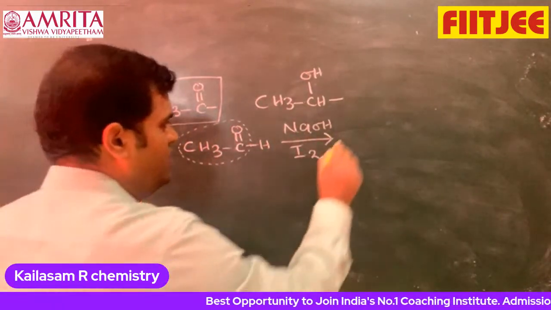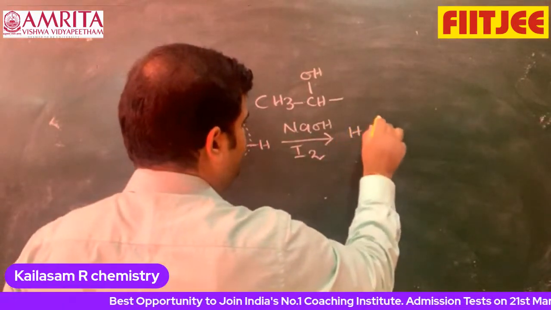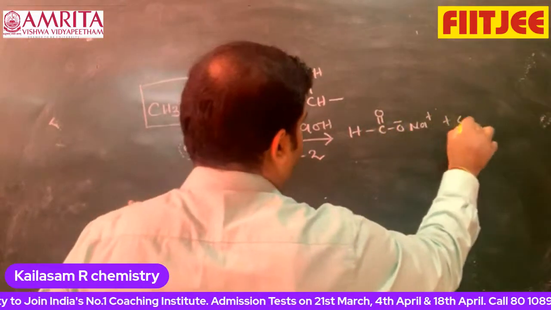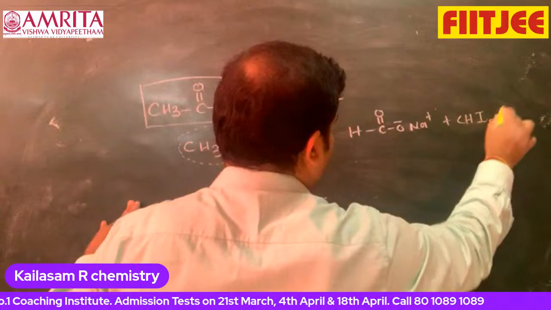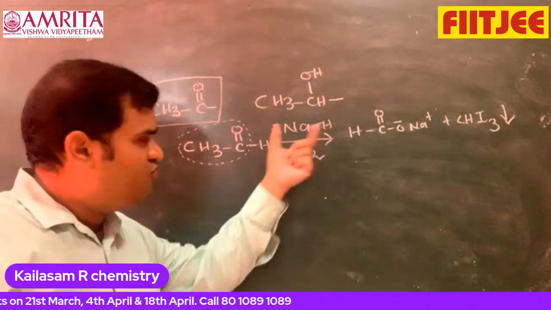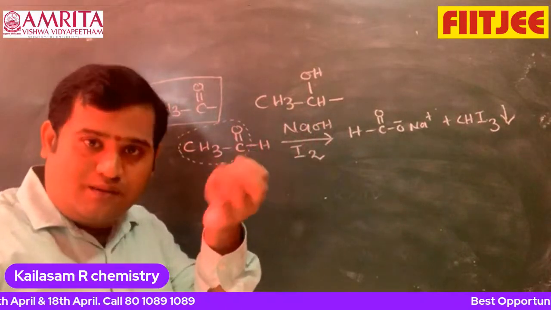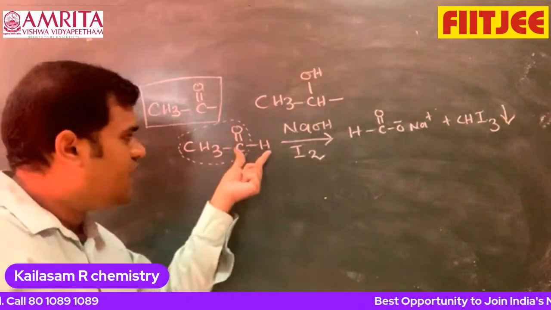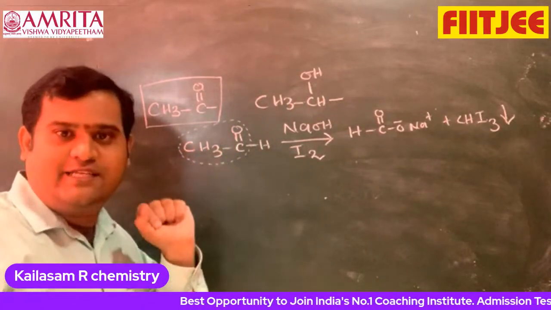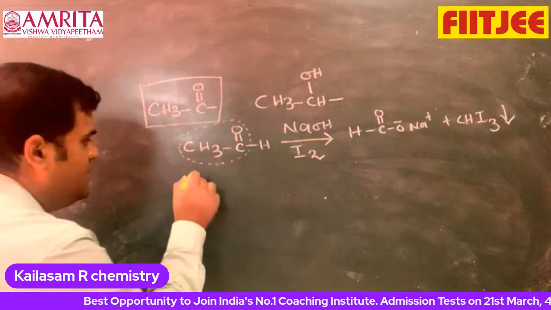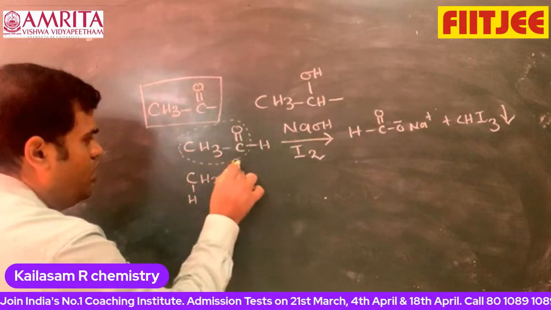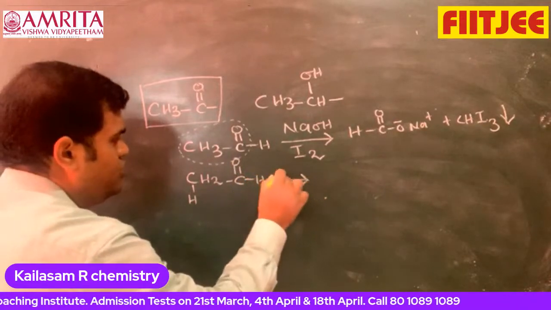First I will write the product: O minus Na plus, plus CH3, this is called iodoform. The base removes H plus from the molecule. In a carbonyl compound, the alpha carbon having hydrogen is more acidic in nature. Why? By using base, look at this, I'm writing CH2H, C=O-H, and using OH minus.